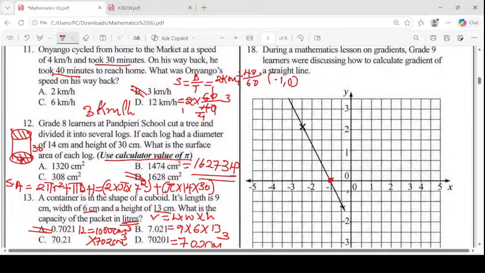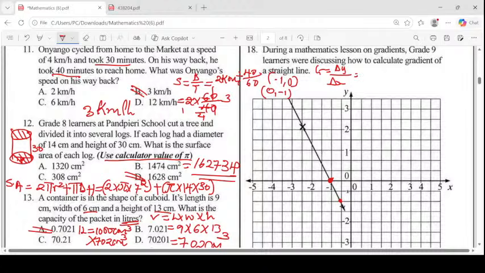I can pick another point here. So this is 0, negative 1. Then I get the gradient as change in y over change in x.